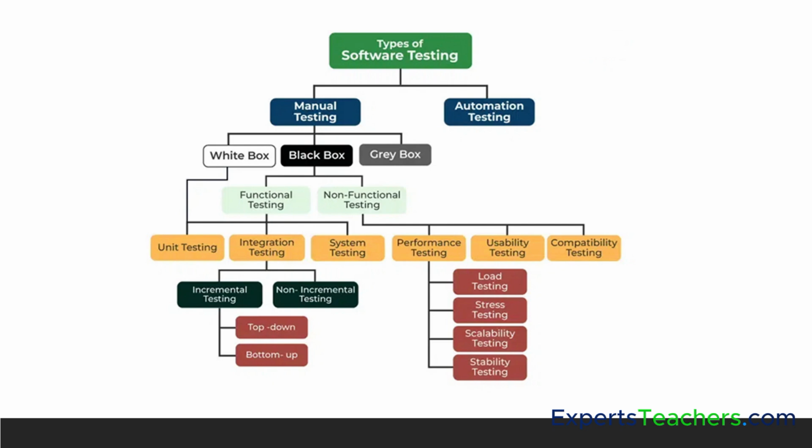Black box testing is further divided into functional testing and non-functional testing. Functional testing is whenever we have to check that the functionality is met as per the requirement of the client, software, or user.